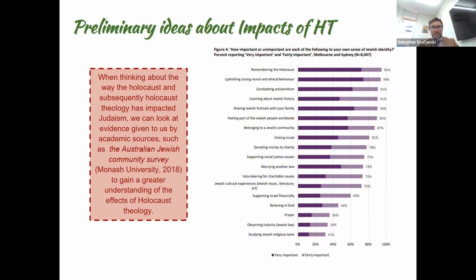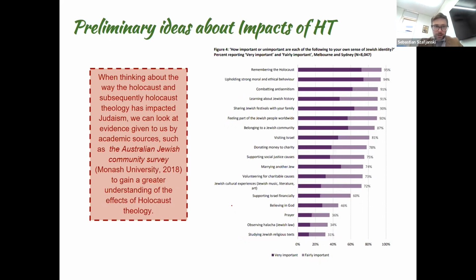We have this survey from 2018, the Australian Jewish Community Survey by Monash University. This was a wide-reaching study in Victoria, and I took one specific table out, figure 4, out of this whole massive paper.